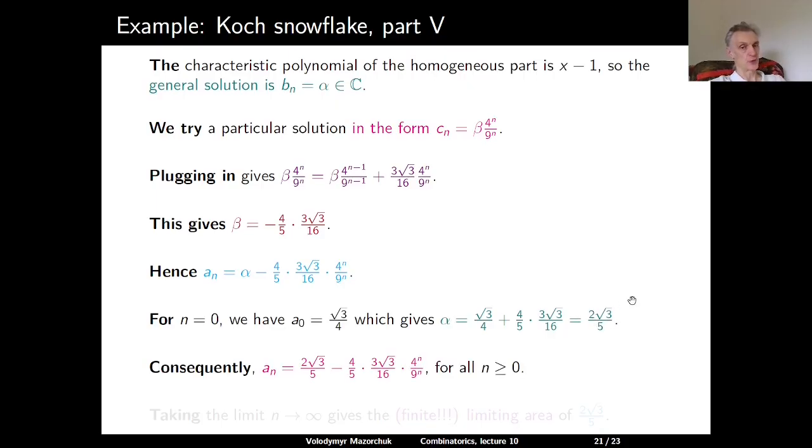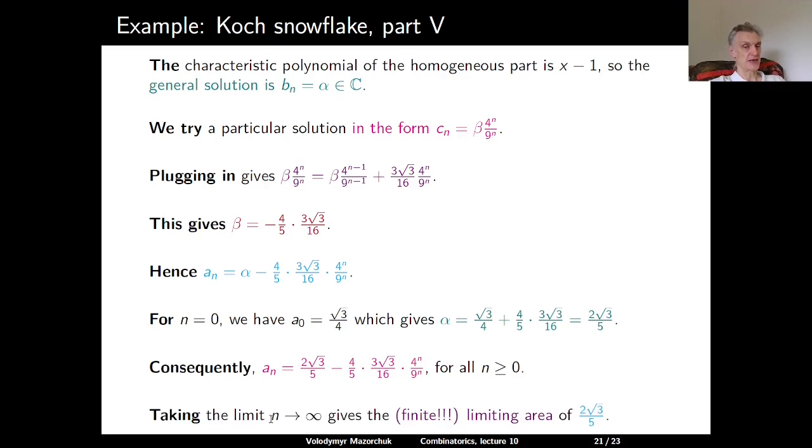Consequently, the general formula for a_n, after n iterations, the area of the figure which we have, is 2 times the square root of 3 divided by 5 minus our correction term, 4 divided by 5 times 3 square root of 3 divided by 16 times 4 divided by 9 to the power n. And this is true for all n greater than or equal to 0.